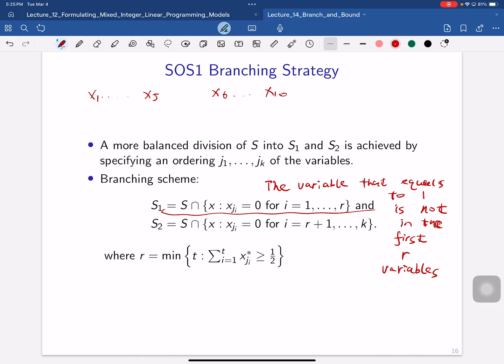So one branch says the variable that equals 1 is not in the first 5 binary variables; it must be in the last 5. Then the other branch says the variable that equals 1 is not in the last 5 binary variables; it must be in the first 5. So that's the conceptual logic here, and reflected in math, it will be these two sets.